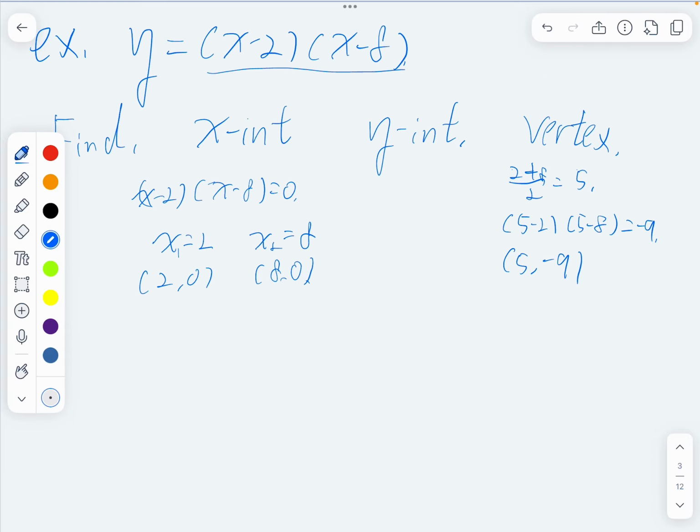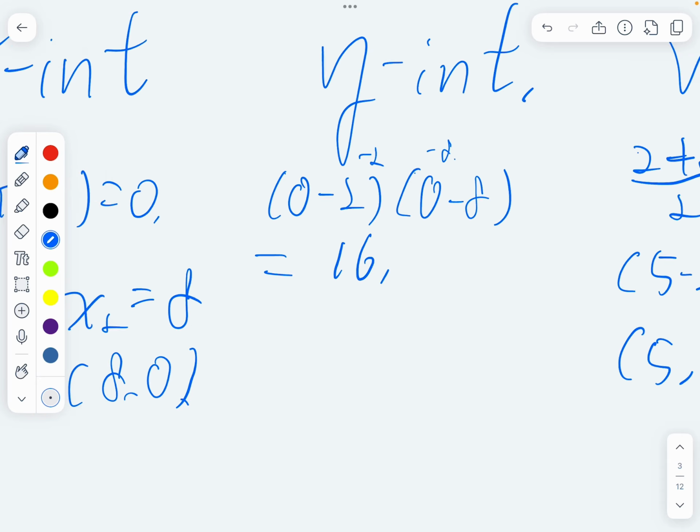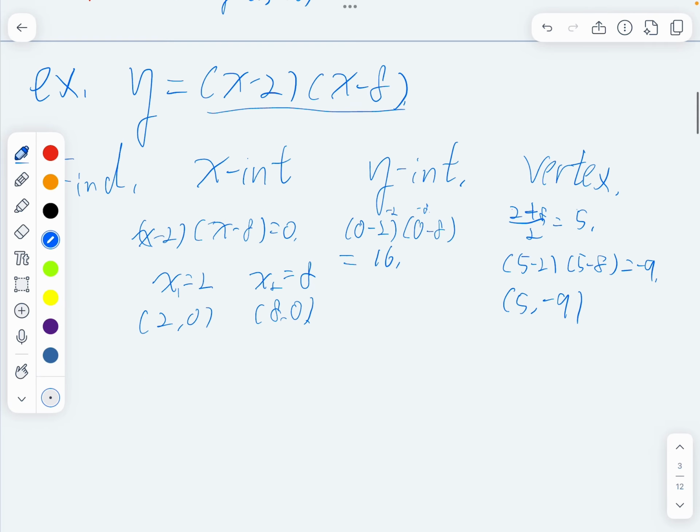So the y-intercept is (0, a times r times s). For this one, it's negative 2 times negative 8, so it's 16. So the y-intercept is (0, 16).